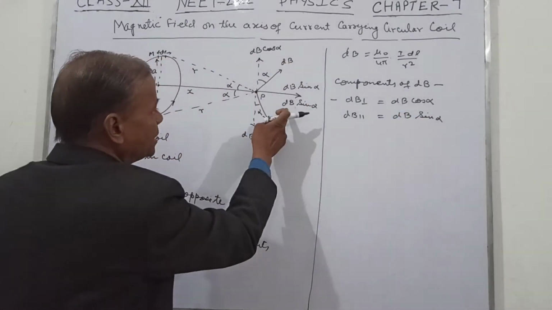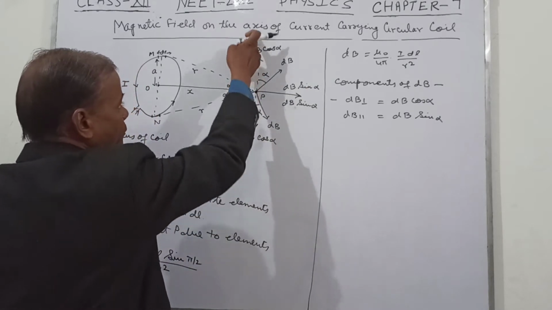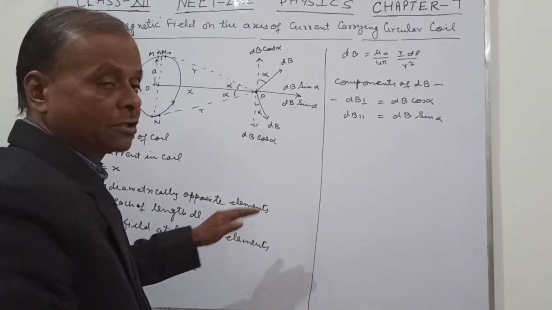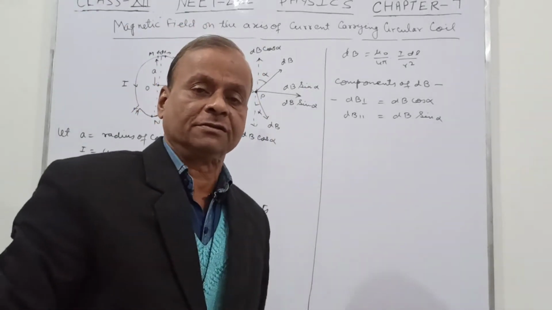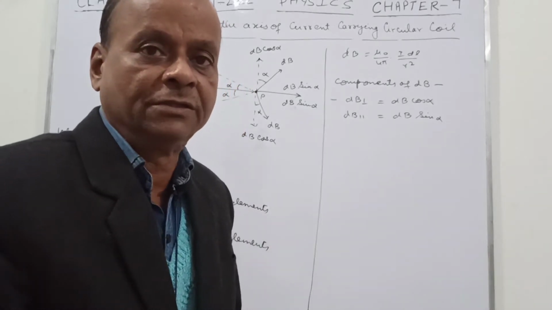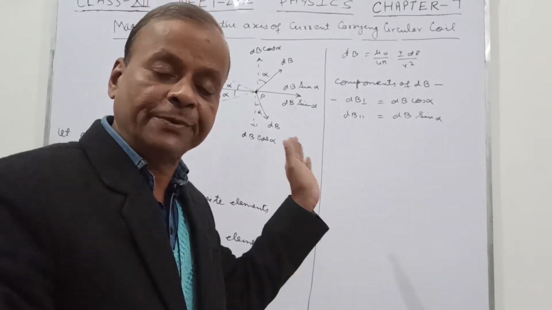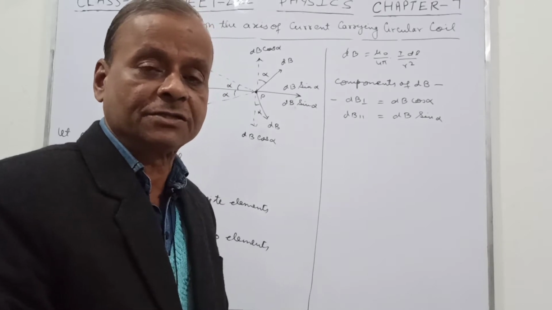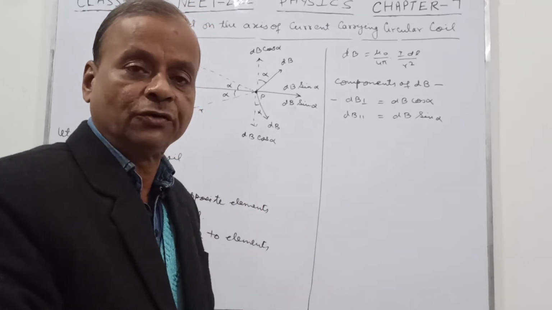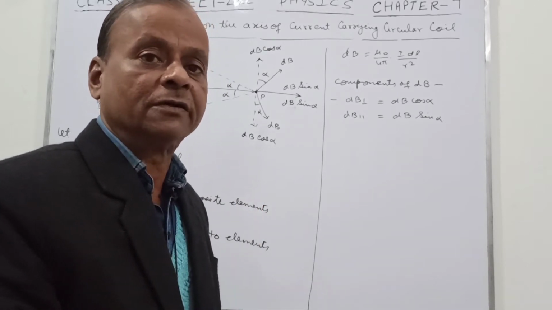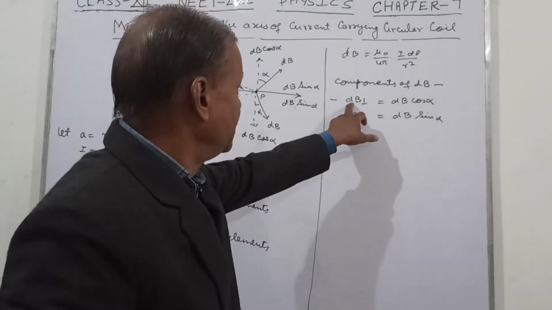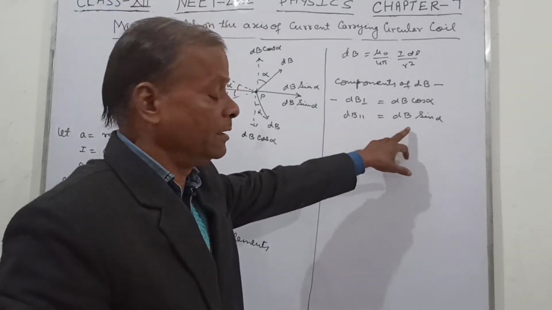The parallel components are these, perpendicular components are these. The components which are along the axis are the parallel components, and the components which are perpendicular to the axis of the coil are the perpendicular components.